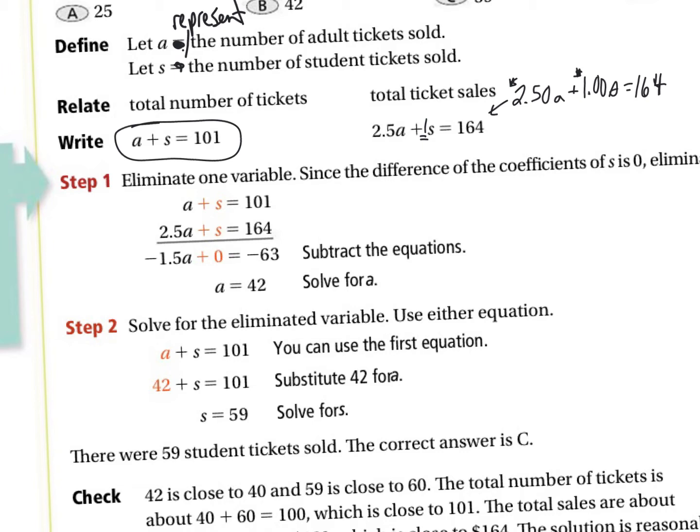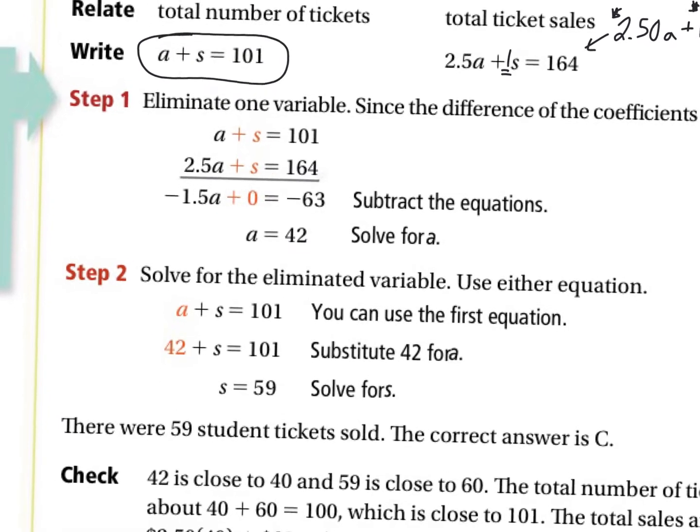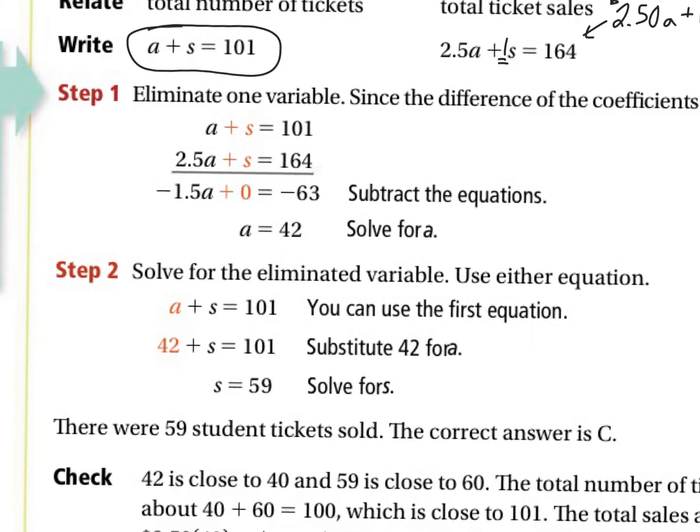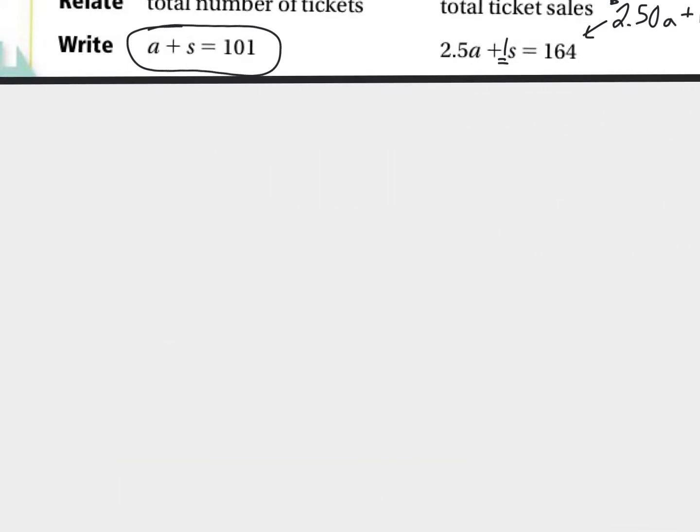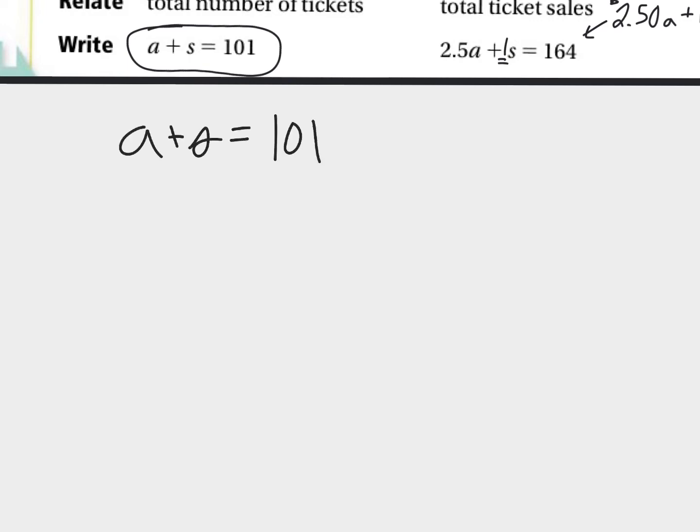This one I think is different than the last one, and I'm going to do this differently than what the book did. So the first thing when I'm doing these problems, normally I'm going to write the equations next to each other.